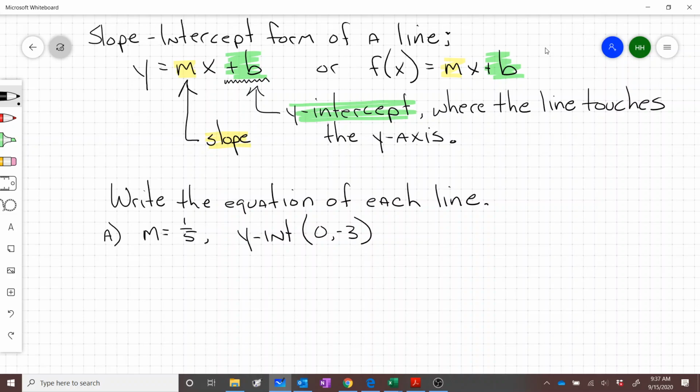So if we got to write the equation for this line, we're going to start off by saying y equals, since the m represents the slope and our m is 1/5, it goes just to the right of the equal sign.